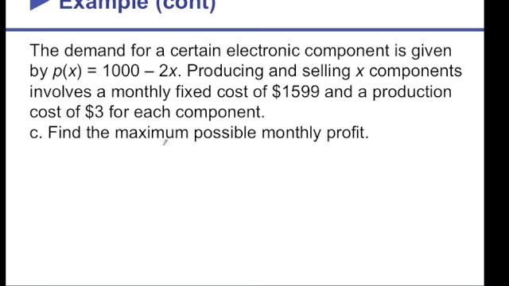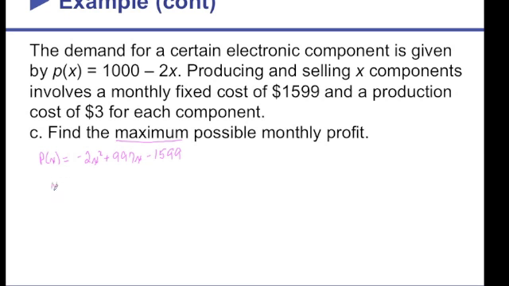We want the maximum possible monthly profit. Well, the profit function we just wrote was negative 2x squared plus 997x minus 1599. And finding the maximum possible profit means I'm going to be finding the vertex.